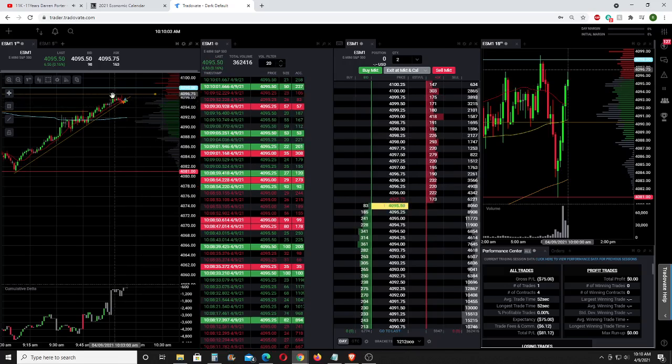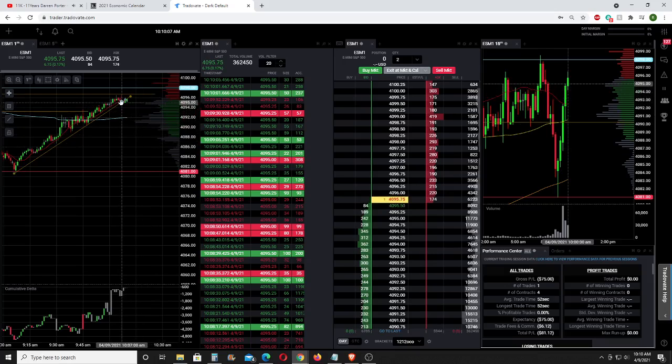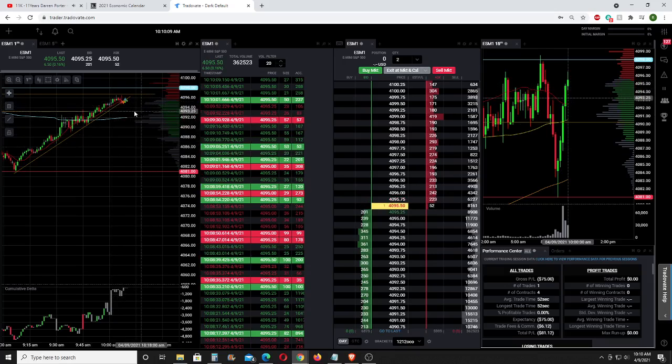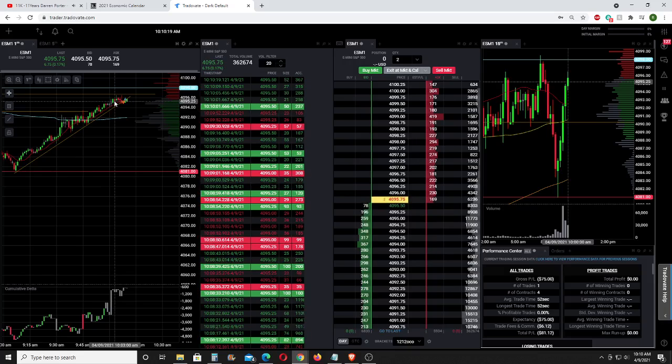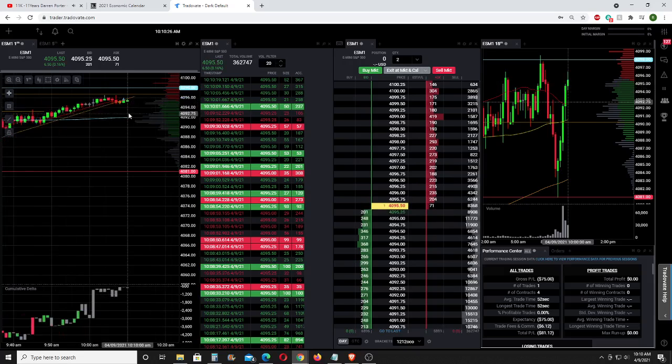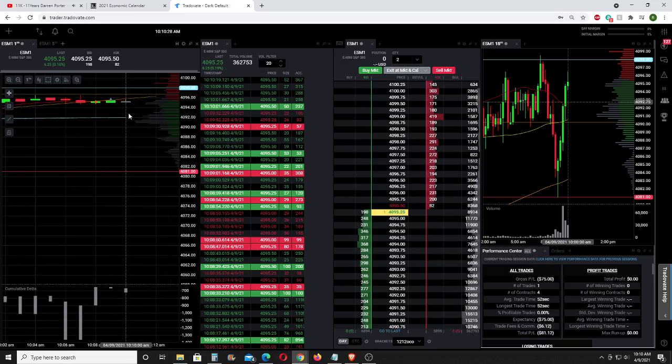Yeah, the price action. I was short here because there were a lot of buyers, but then the buyers were defending really hard, so I had to get out. I didn't like the way it was acting. It could have pumped up there.